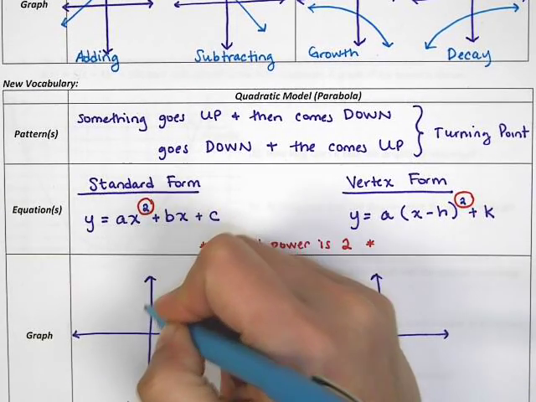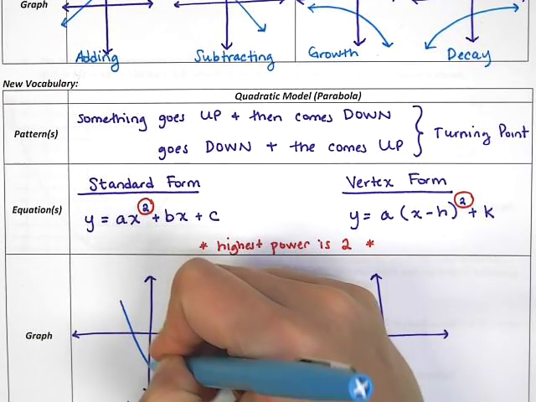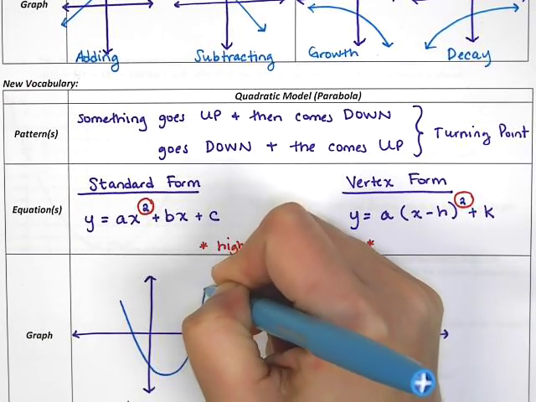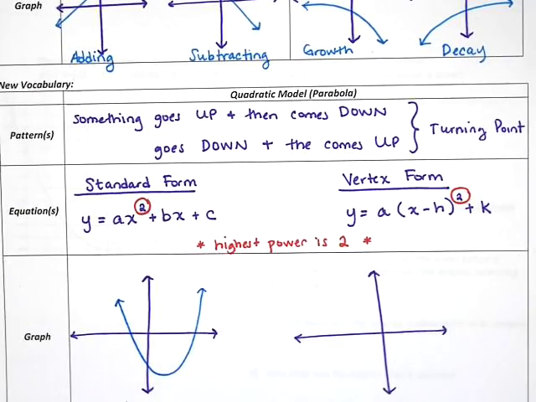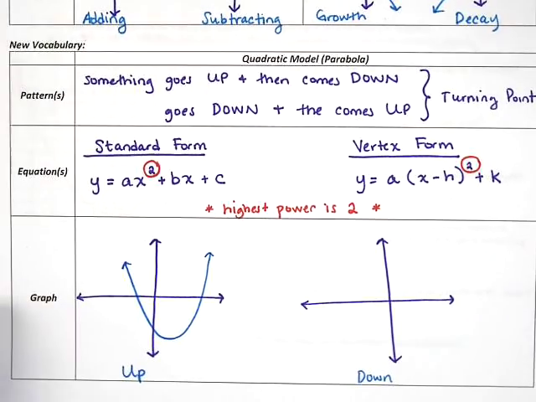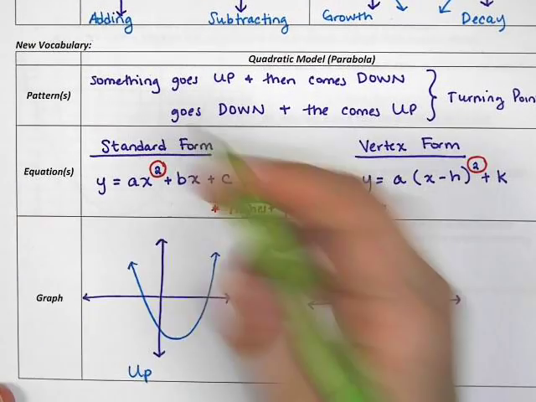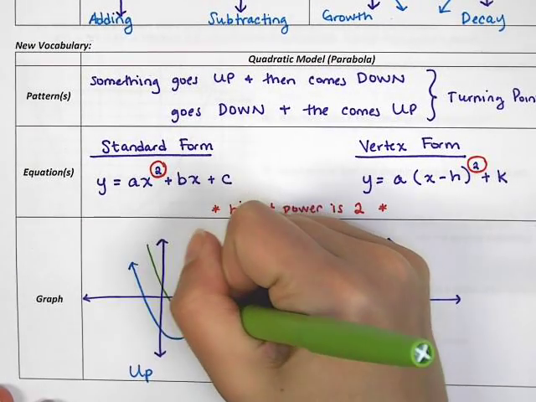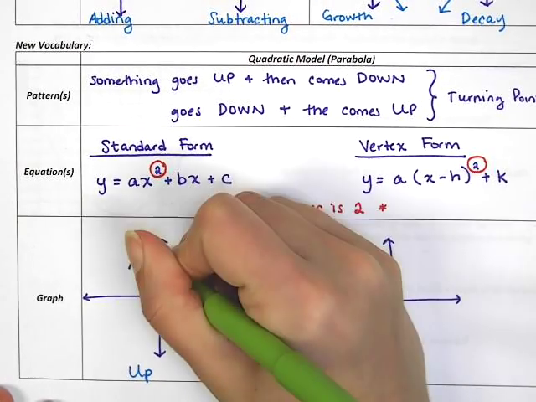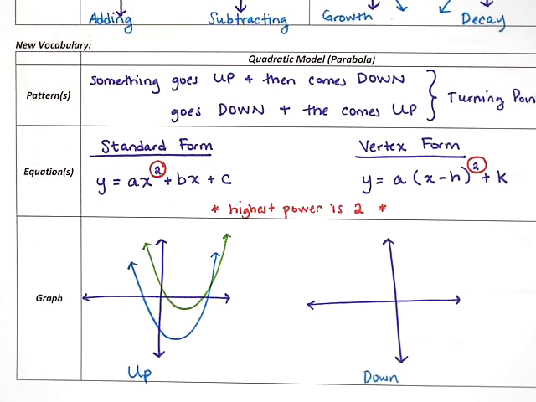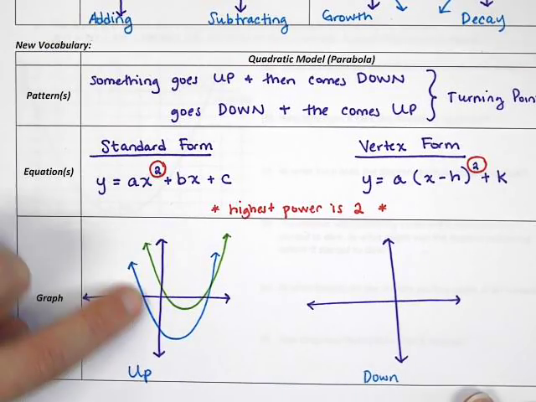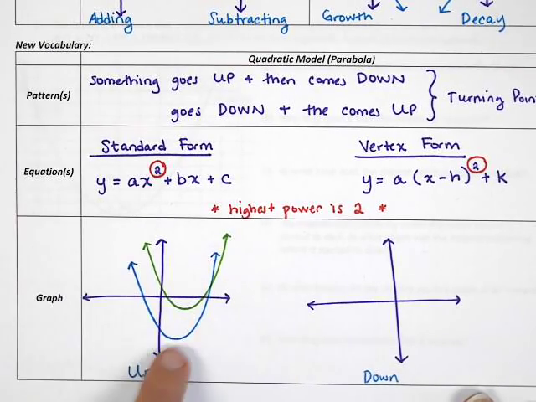An upward-facing parabola could look like this. It looks kind of like the letter U, it's just opening up. An upward-facing parabola could look like this. It could be shifted around. It doesn't really matter where it's located. The thing that they have in common is that part goes down and part goes up, and there's a turning point right at the bottom.